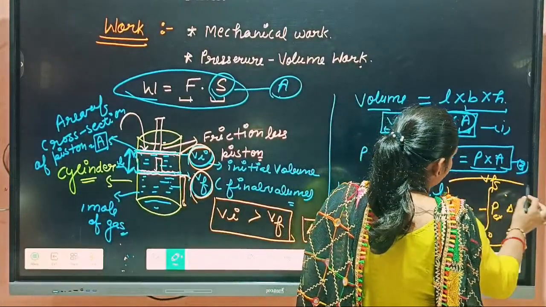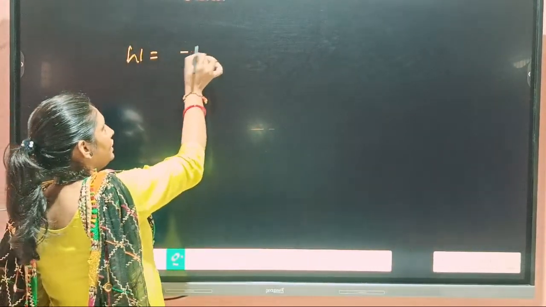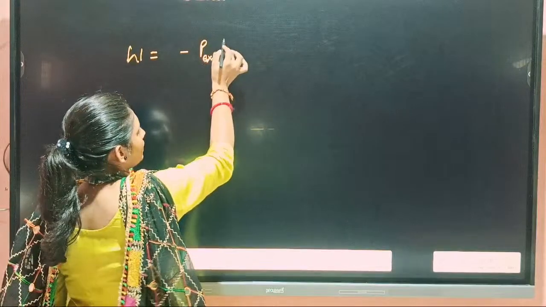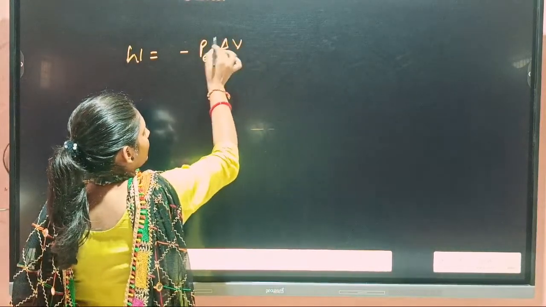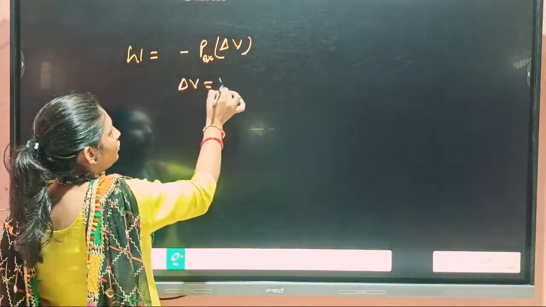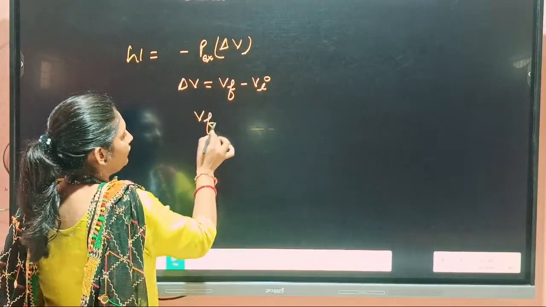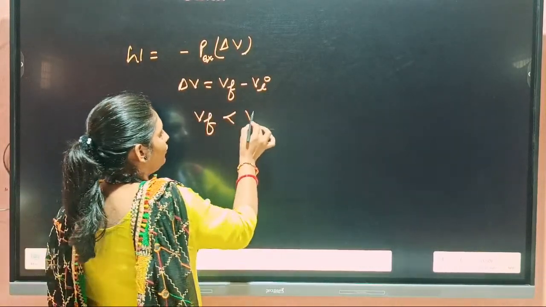So this one is the work done. Here work done is positive. I am writing work done in this way, del V. And you know very well del V is equal to Vf minus Vi, and here Vf is less than Vi.